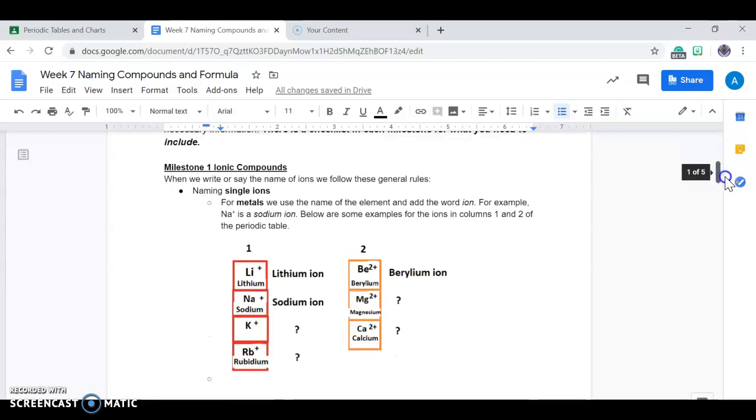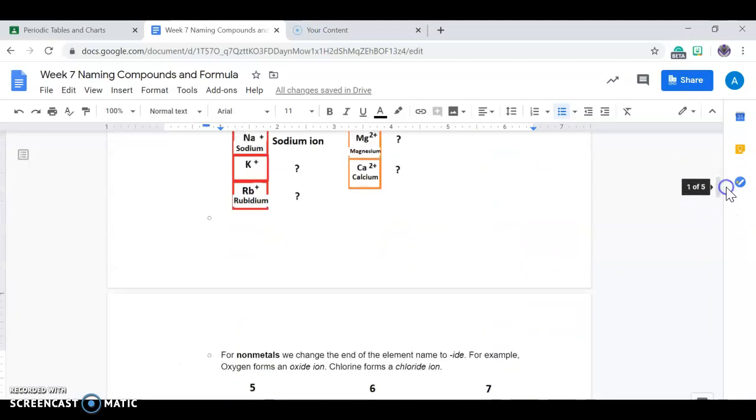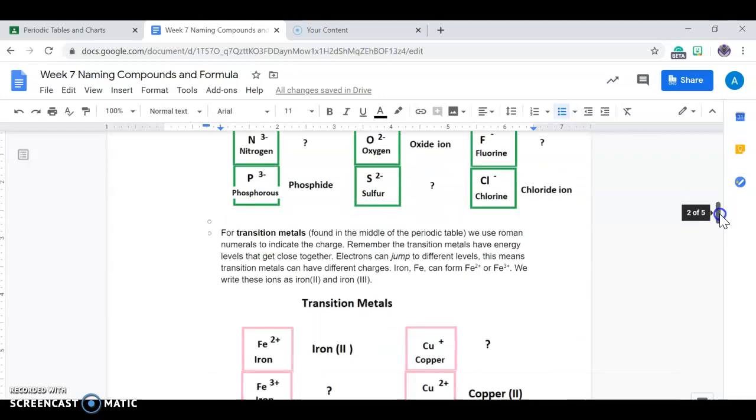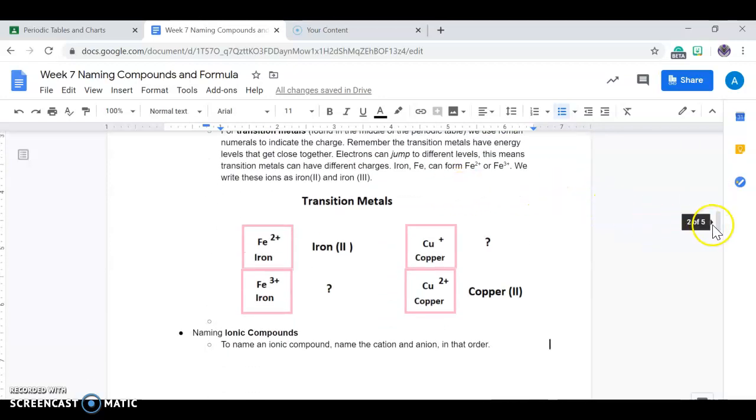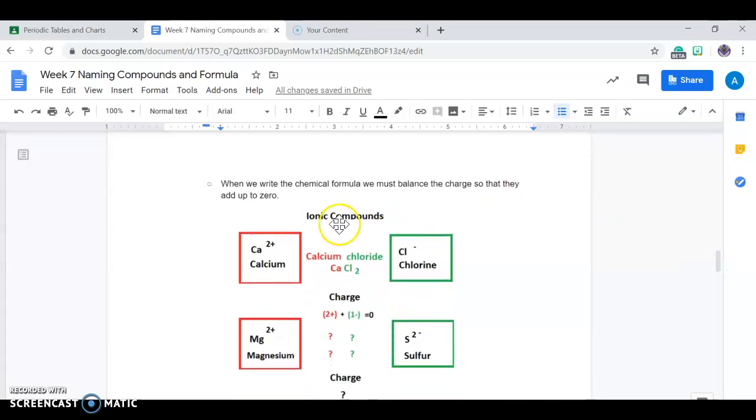And this is just for ionic compounds. So this is when a metal and a non-metal come together. So if they have a group 1 or 2 metal, for example, I'm going to start with the metal, then I'm going to name the non-metal. So it's calcium, and then we change the N to IDE, so chlorine becomes chloride.